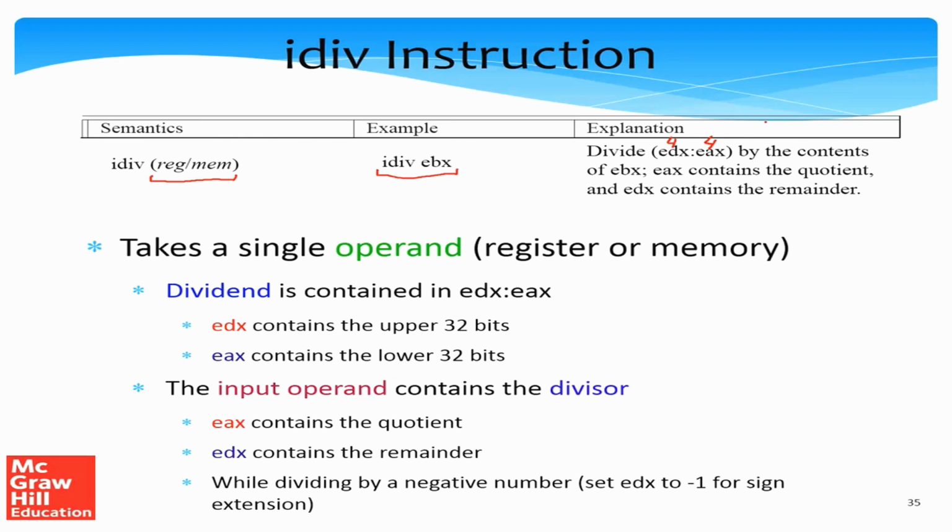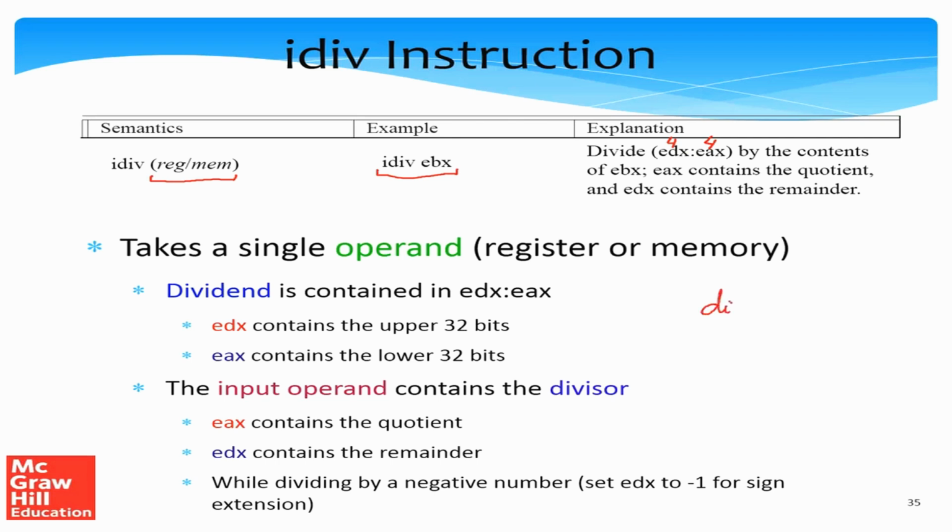So we consider a larger number and divide it by a smaller number. It's an exact analog of the single address form of the IMUL instruction, where we're assuming that the dividend, the number that we will divide, is an 8-byte number stored in EDX and EAX.